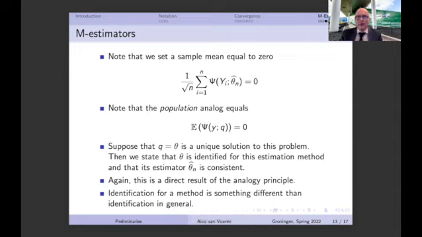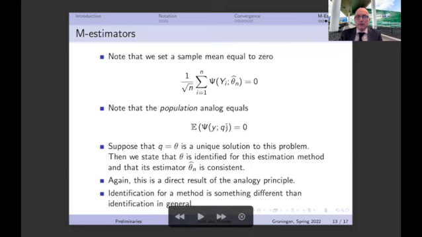So we can say that what we have here at the left hand side is a sample mean, and we do know that sample means, according to the analogy principle, converge to the corresponding population means. So the population analog of this relationship that we have over here is this relationship that we have over here.